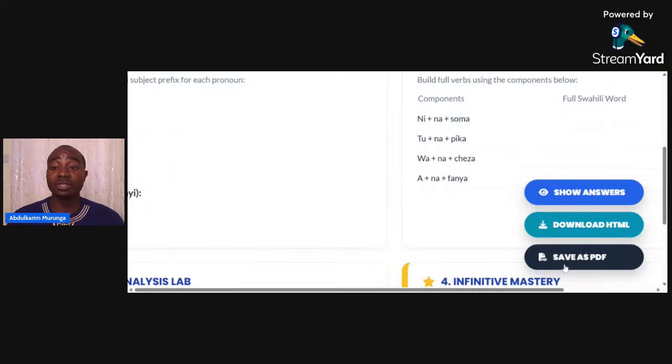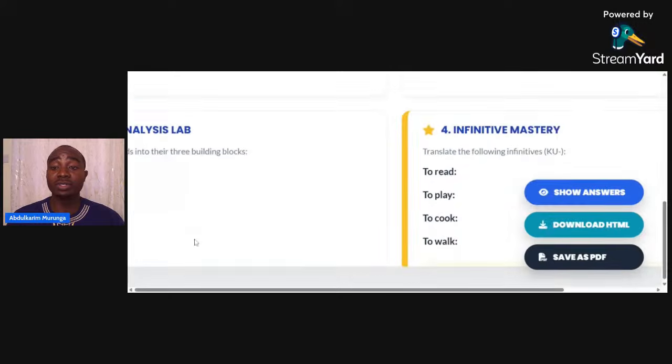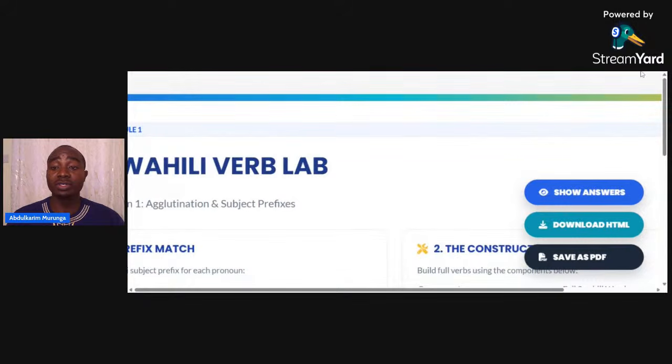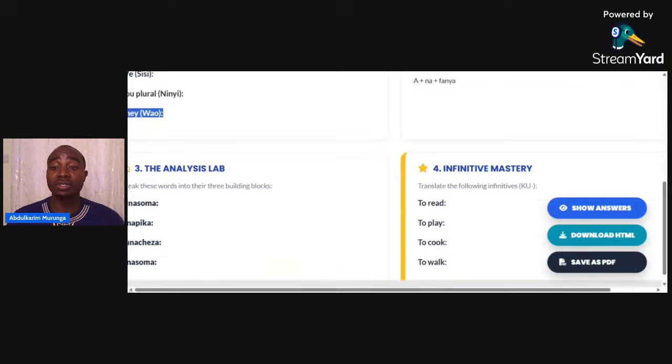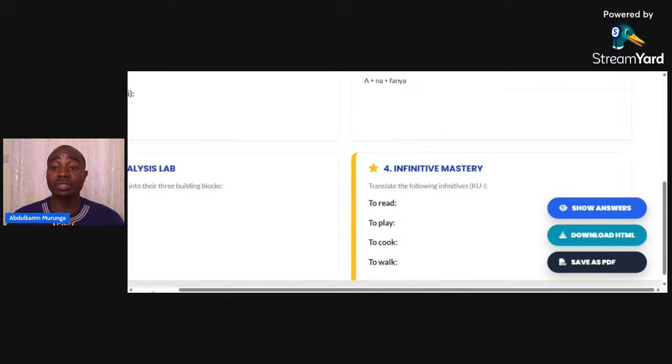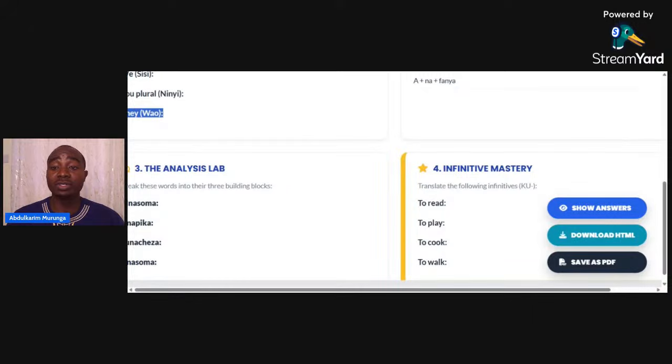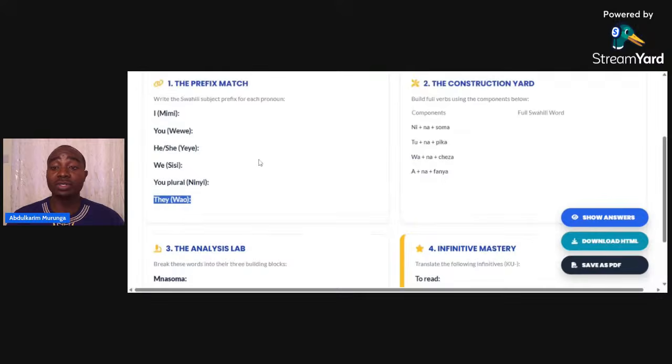The screen is a little bit not visible clearly because of the size of the screen itself. So the first one: the subject prefix for I, Mimi. What is the subject prefix?